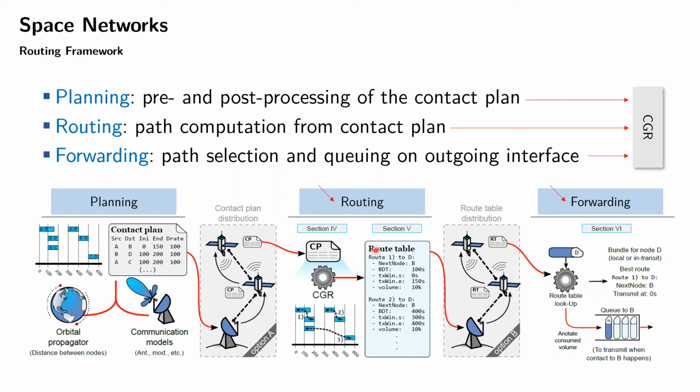So what is the concept of operations of routing in this type of network? We can say that we have three clearly distinct phases: planning, routing, and forwarding.